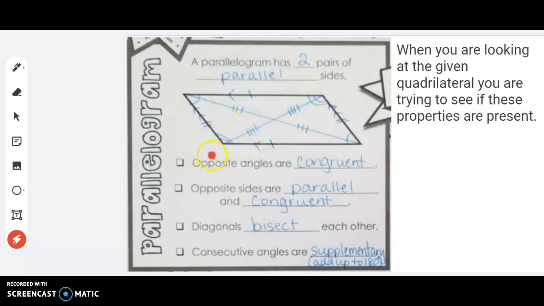And the consecutive angles are supplementary. So if I can prove these two add up to 180, or these two add up to 180, there are four sets, then I can prove that it's a parallelogram. So what is this going to look like?